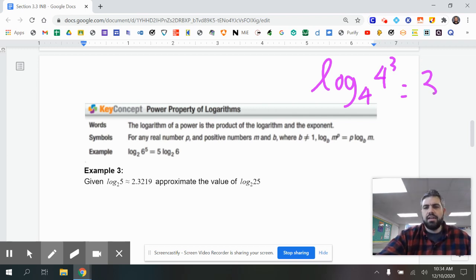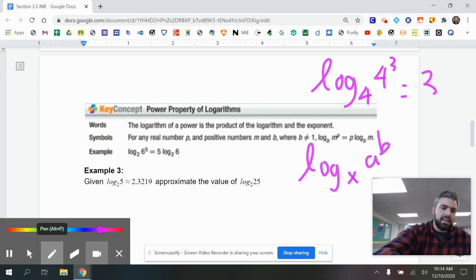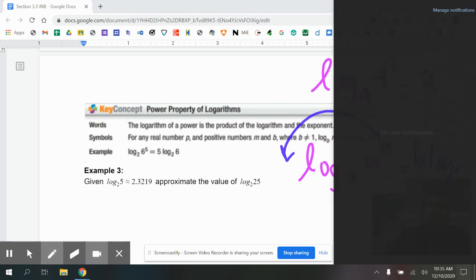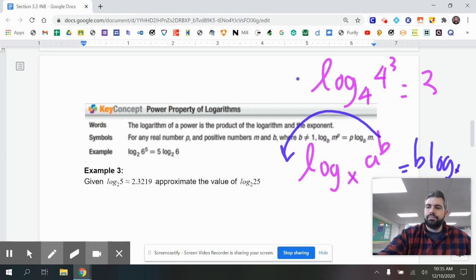It says that log base x of a to the b, we can drop that b down and it becomes b times log base x of a.